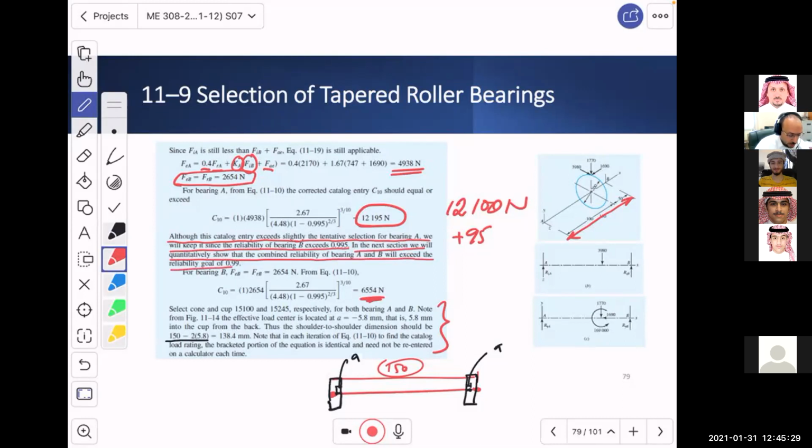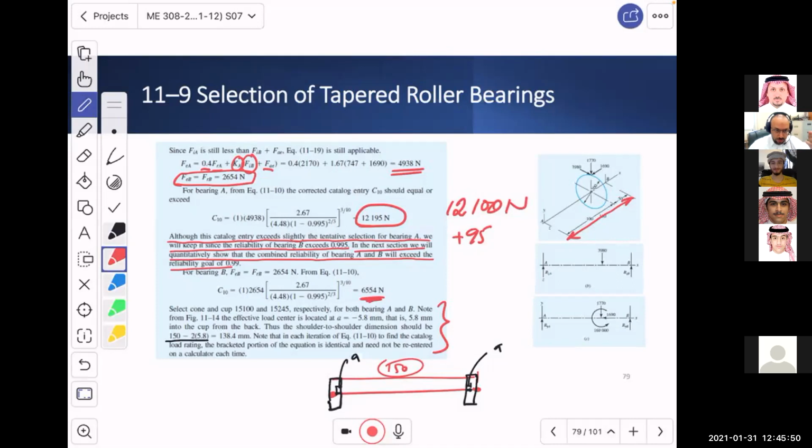What does this mean? It means that, what did we say? We said that the reliability set for both of them is 0.99. So we took the square root of it and we got a reliability of 0.995.